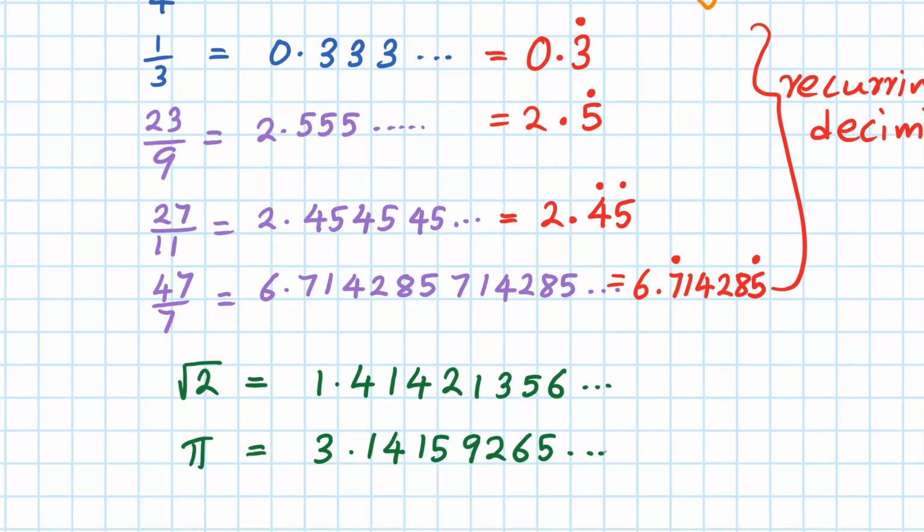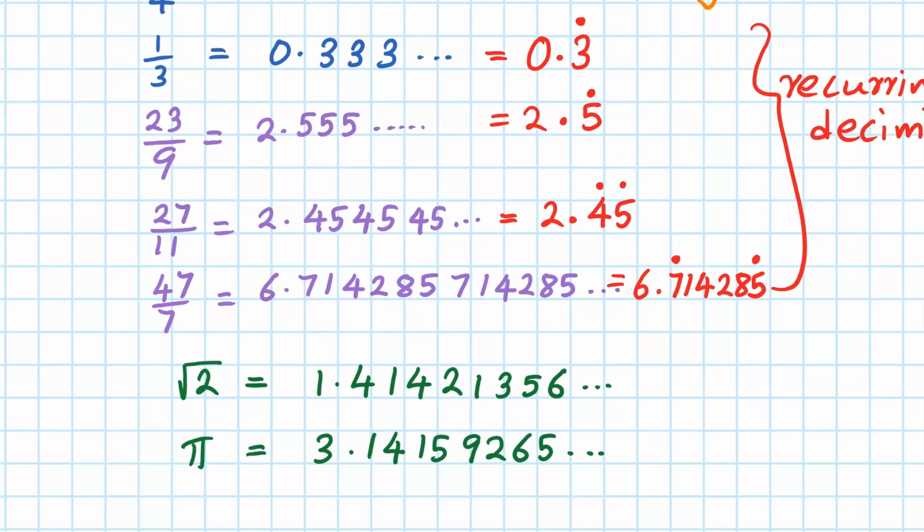If you look at these two quantities, their decimal representation doesn't have a block that repeats like we've seen before. So there is no recurring block in either of them.